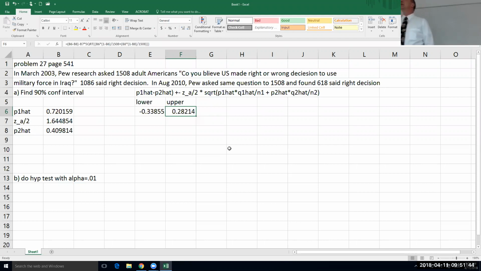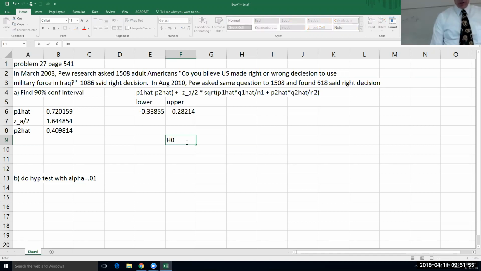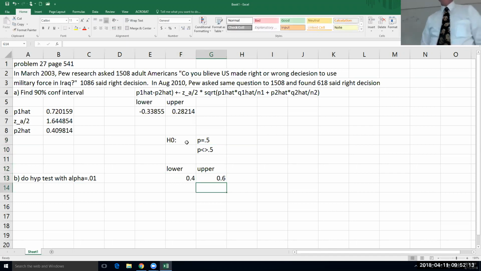Now, since we're on this topic, I do need to let you go. Let me ask you this. If I was doing a 1 proportion test, let's do the coin flip. The null is P equals 0.5. The alternative is P does not equal 0.5. I get a confidence interval. The lower is 0.4. The upper is 0.6. This is my confidence interval.